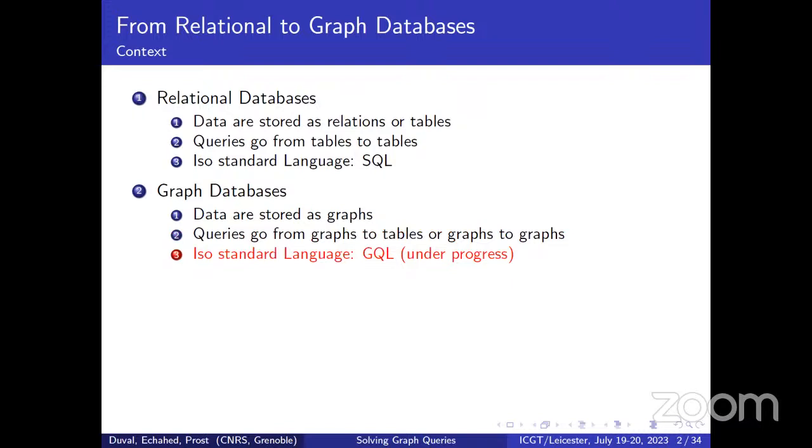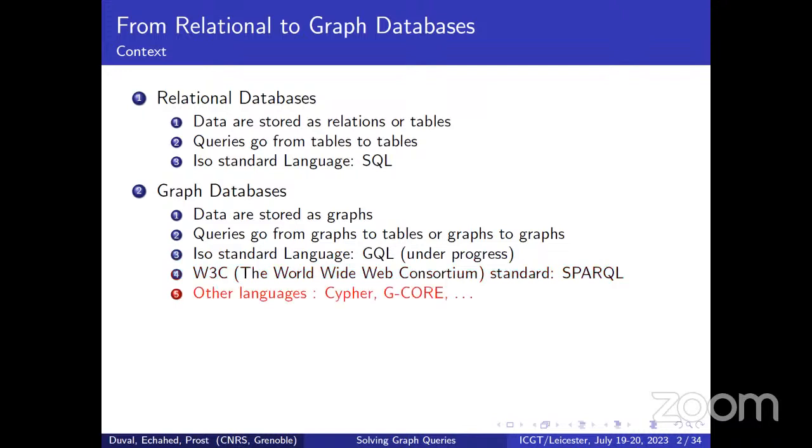There's no nice standard yet, but it's under progress and will be released by the end of this year or next year. However, there is a W3C standard called SPARQL, and there are many other languages proposed either by industry or researchers. So there are so many issues to investigate.